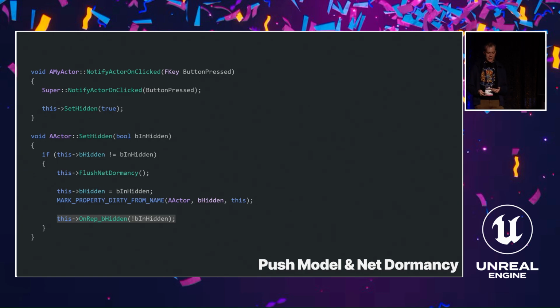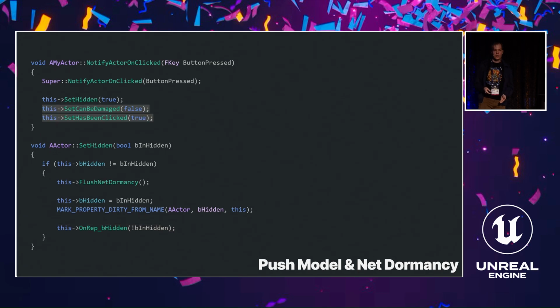You want it to react cosmetically, and yeah, you want to manually invoke it. That does happen for you in Blueprint. If you modify a replicated property in Blueprint, it will also invoke the repNotify function associated with it, but it doesn't happen in C++ because it's C++. So you need to manually call it.